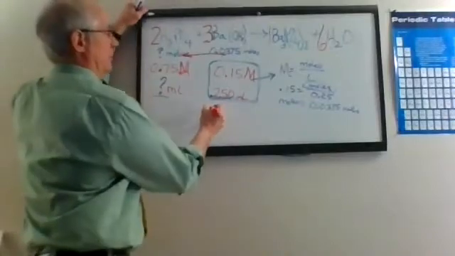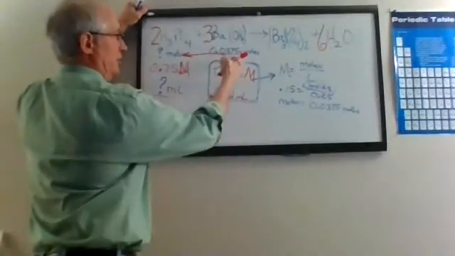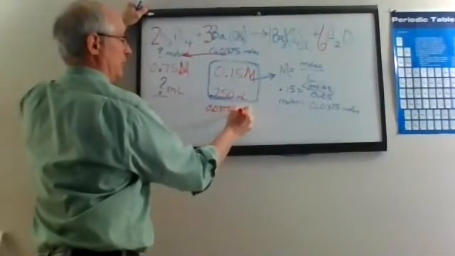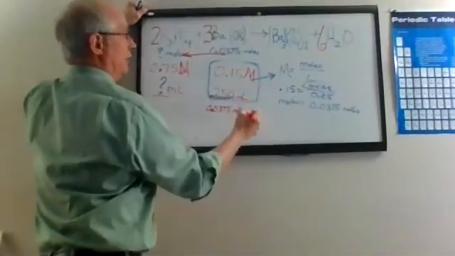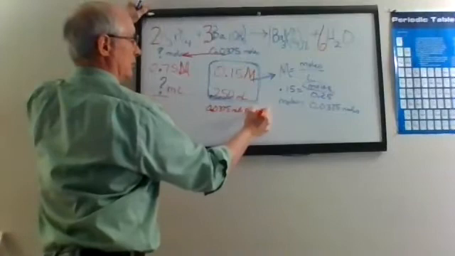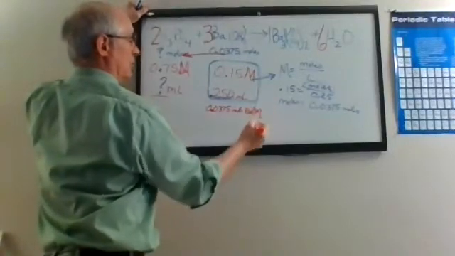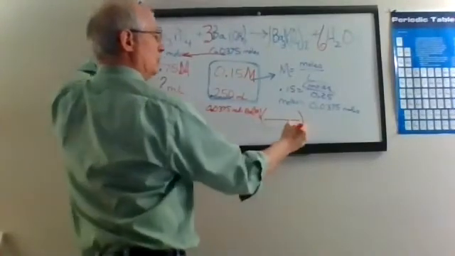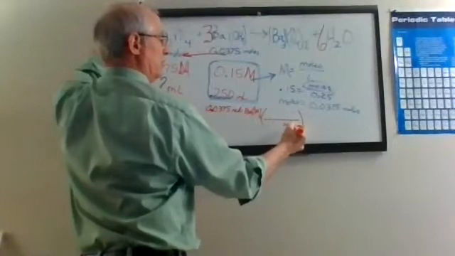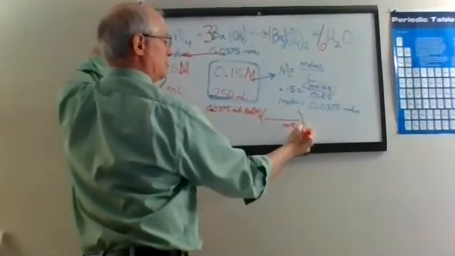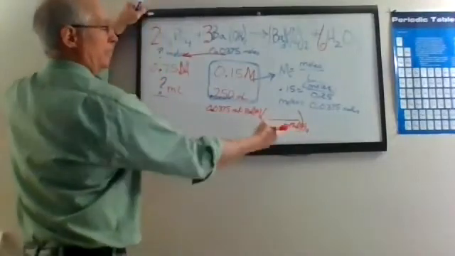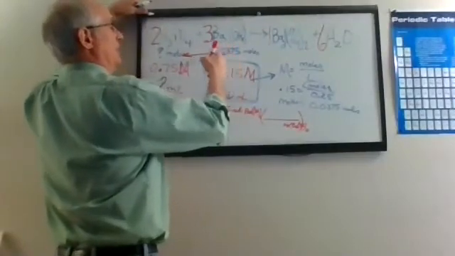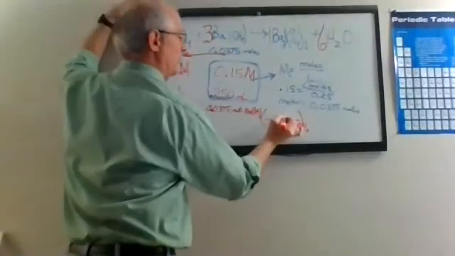I'll put it in red. 0.0375 moles of Ba(OH)2, parentheses, moles Ba(OH)2. Put that down there so it'll cancel. And what's at the end of the arrow? Moles of H3PO4.